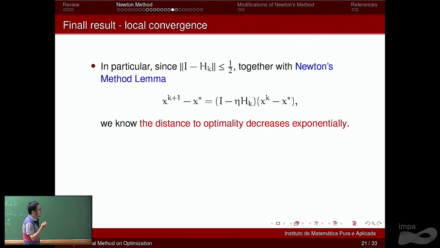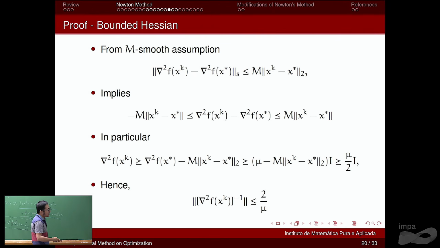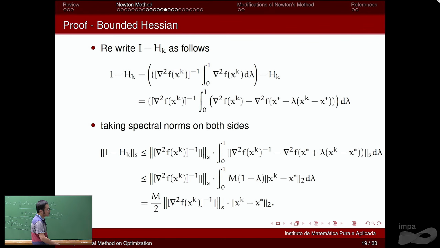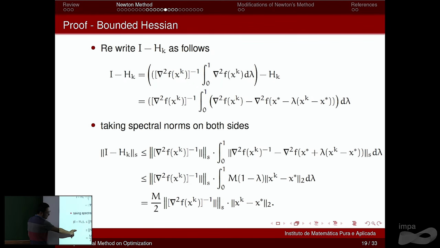So in particular, the spectral norm of I minus Hk is less than 1 over 2. But why? First, we have the upper bound of this inverse. In the last slide we have the norm of I minus Hk is bounded by this constant, the inverse of the Hessian, and xk minus x star.